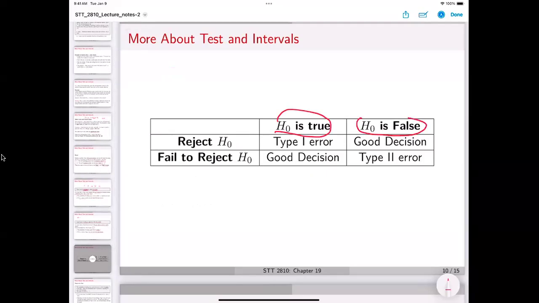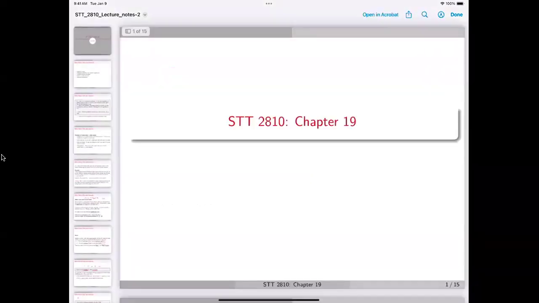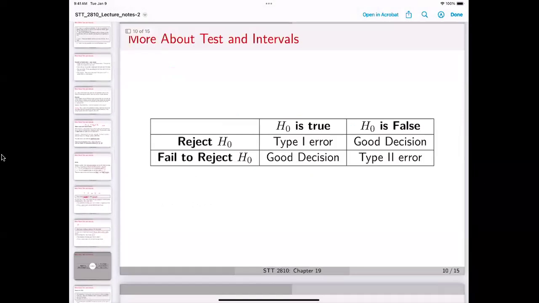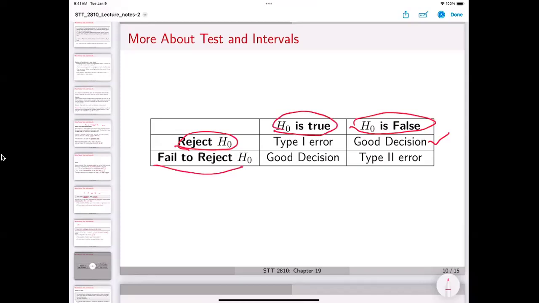If H naught is false, and then we rejected the null hypothesis, that is a good decision because it is false, and then we ended up rejecting that. If H naught is true, and then we fail to reject that, that is also a good decision. But if H naught is false, and then we fail to reject that, that is a what? A type 2 error.